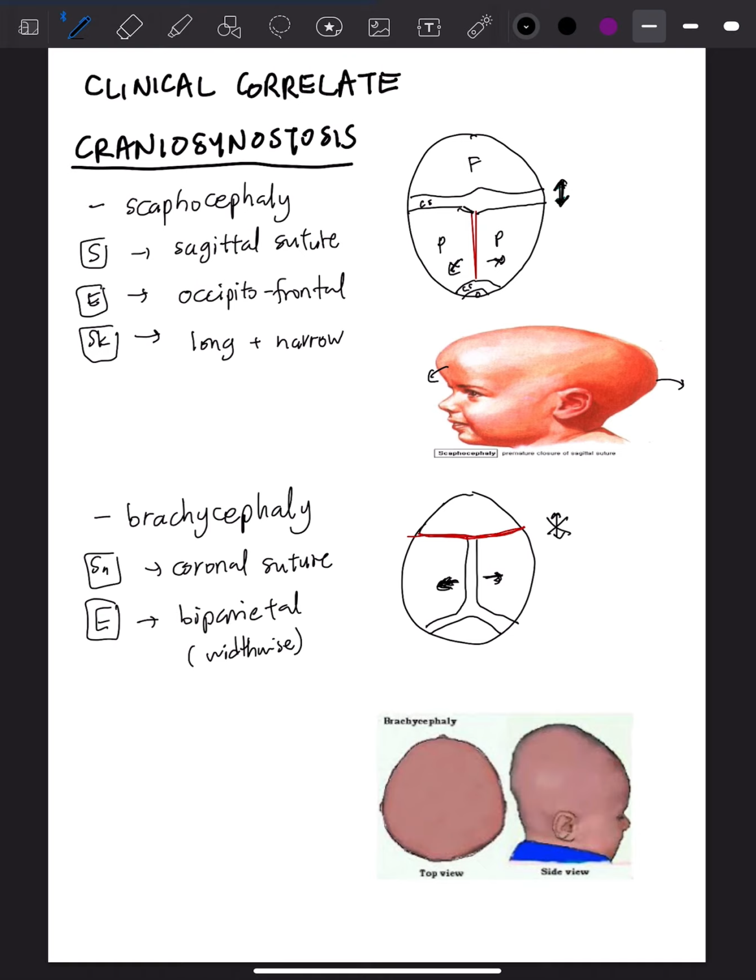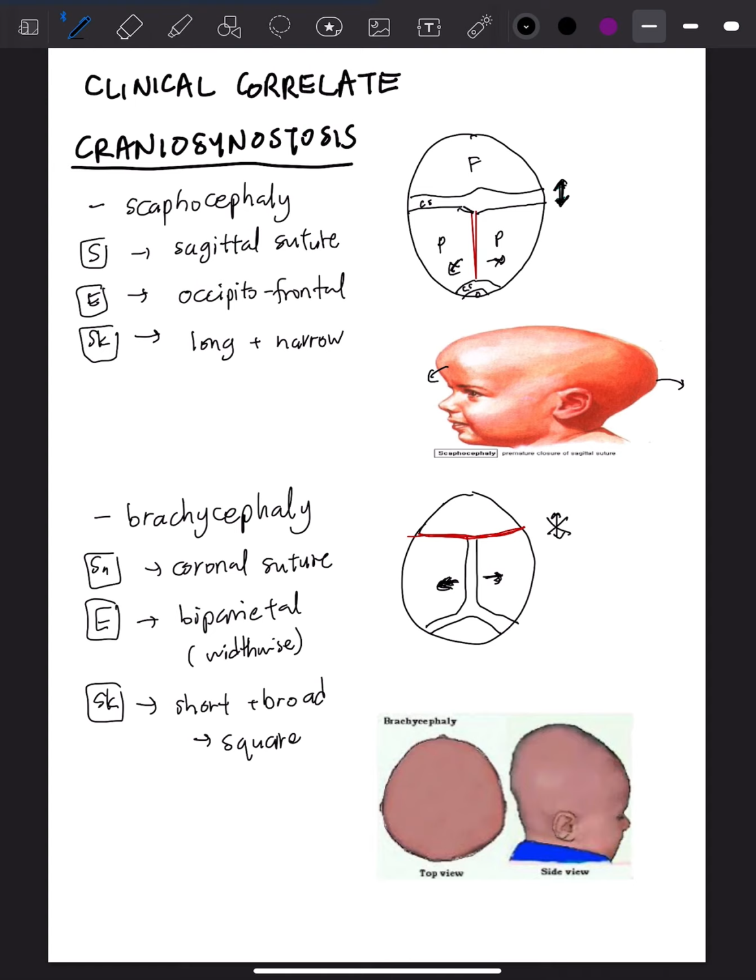Yeah, that sounds right. And what will the skull look like? The skull would look quite short. As opposed to scaphocephaly where it's long and narrow, this is short and broad. Some books describe it as being square-like.